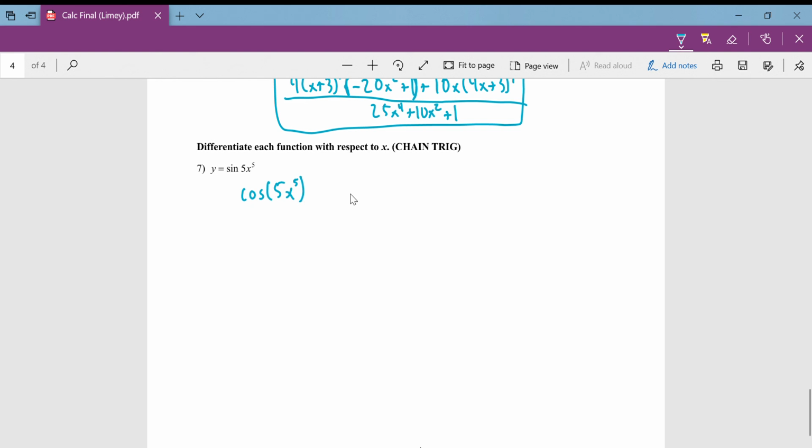That's the chain rule for the sine, and then it's just the inside, which is 25x to the fourth, and then you can just simplify and pop those two together. And that's it. Yeah, that's how you do those. That's the final.